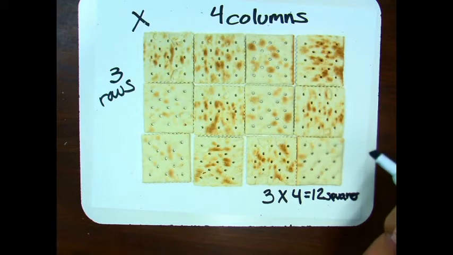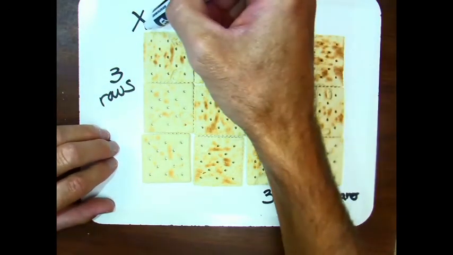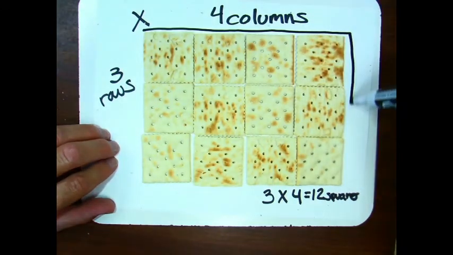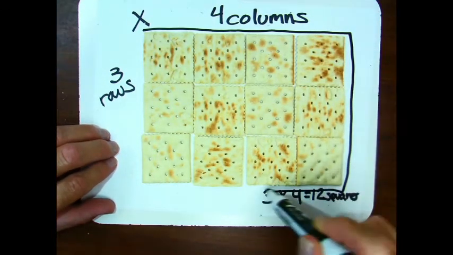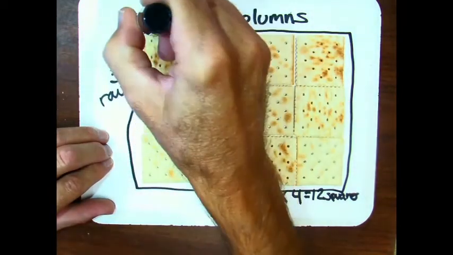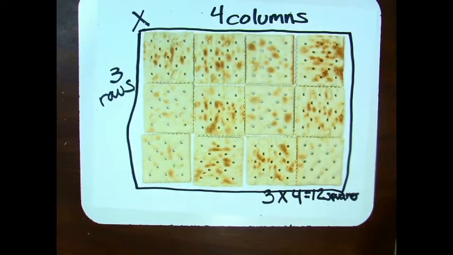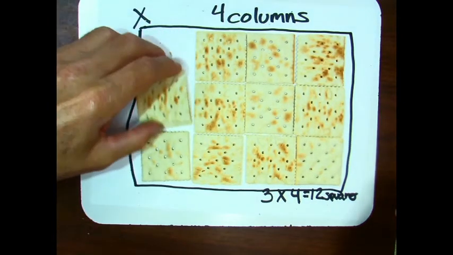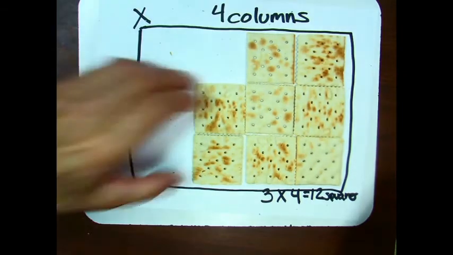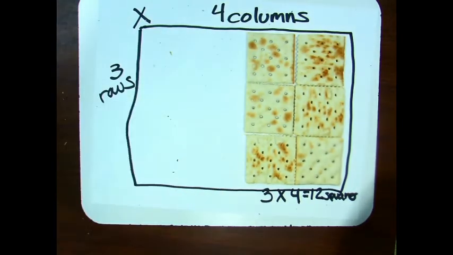Now I'm going to get a little bit more abstract. I'm going to remove our squares. I'm going to have these later with some peanut butter. Or maybe some cheese.